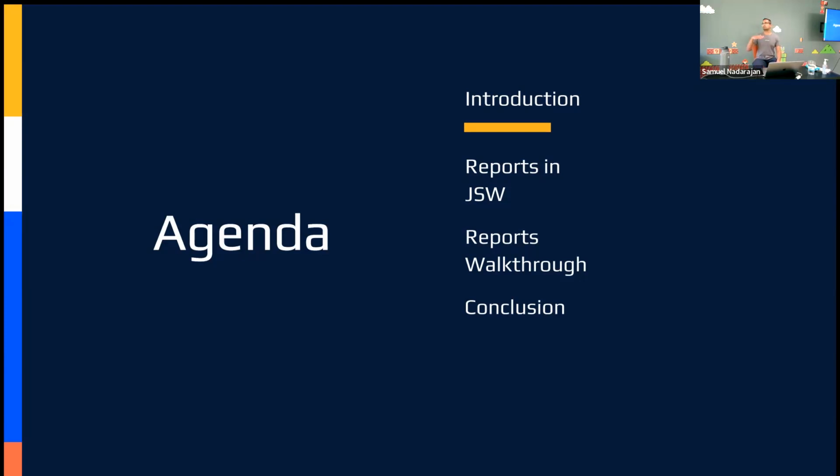Then we're going to go through a reports walkthrough where we'll walk through each of the different reports available in Jira Software. And then finally, we'll conclude. Anybody have any closing thoughts? Feel free to contribute either at the end or anytime throughout. Does anybody have any questions before we keep going?